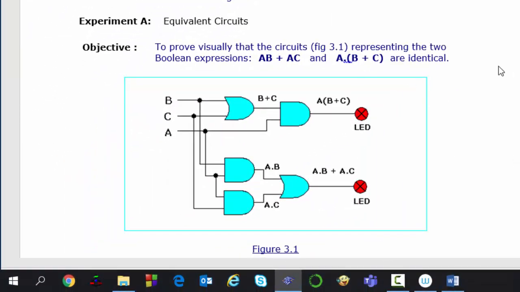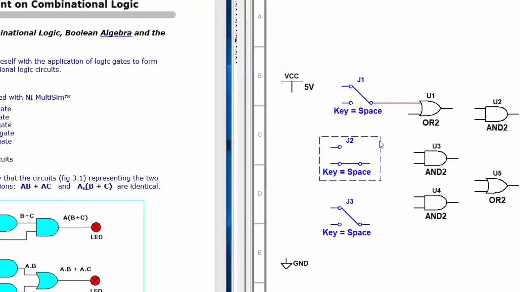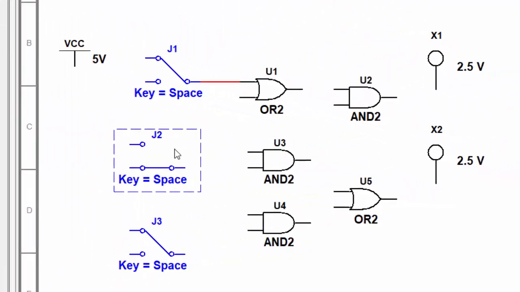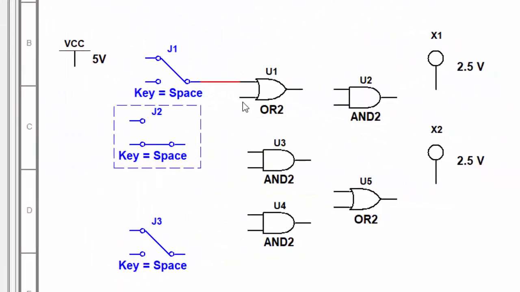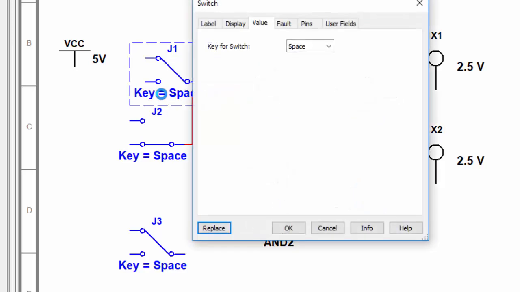So if you look at the circuit, first we want to complete the upper part of the circuit, which is A bracket B or C. So there are 2 inputs that will connect to the input of the OR gate. So the other input is here, B or C.